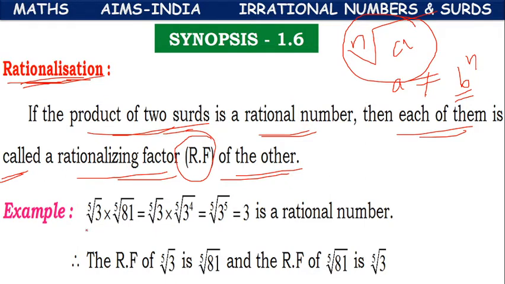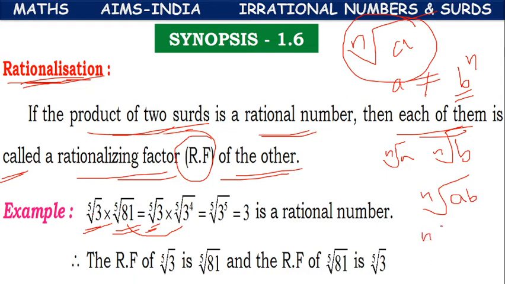Suppose you multiply 5th root 3 and 5th root 81. 5th root 3 stays the same, and 5th root 81 can be written as 5th root of 3 power 4. We have already learnt that nth root of a into nth root of b, if they have the same order, can be written in the same root.